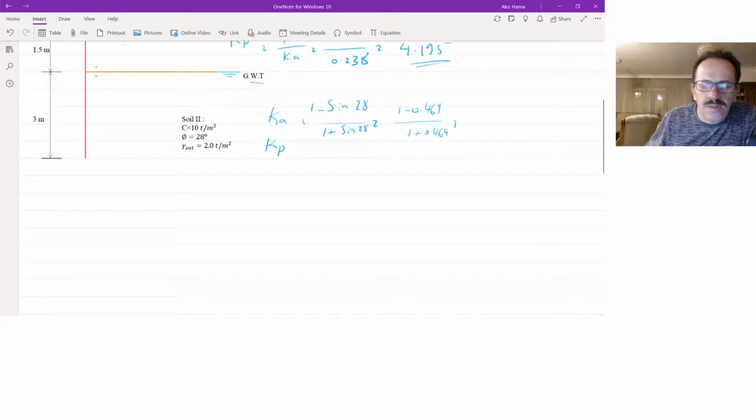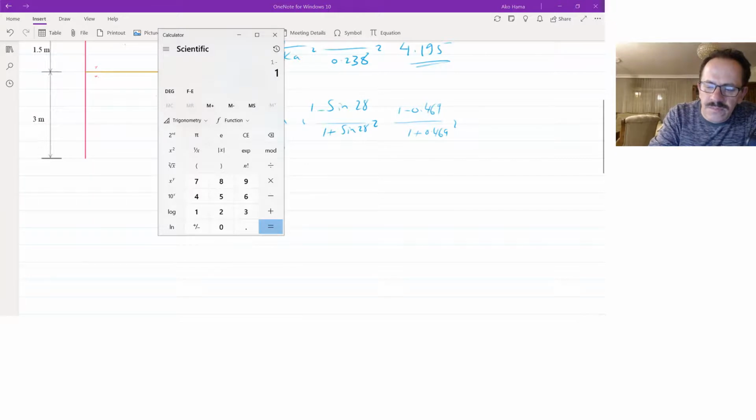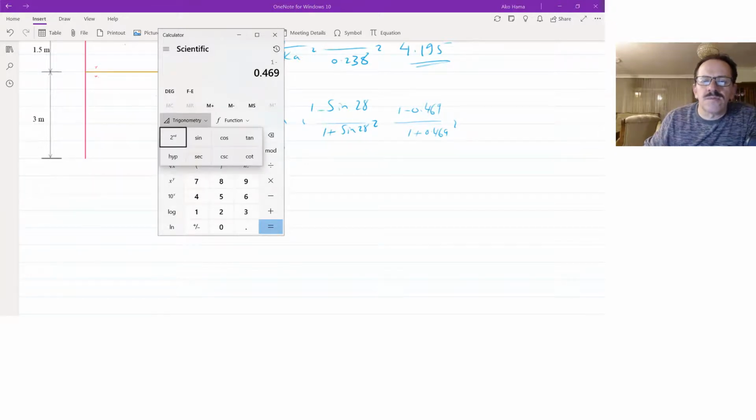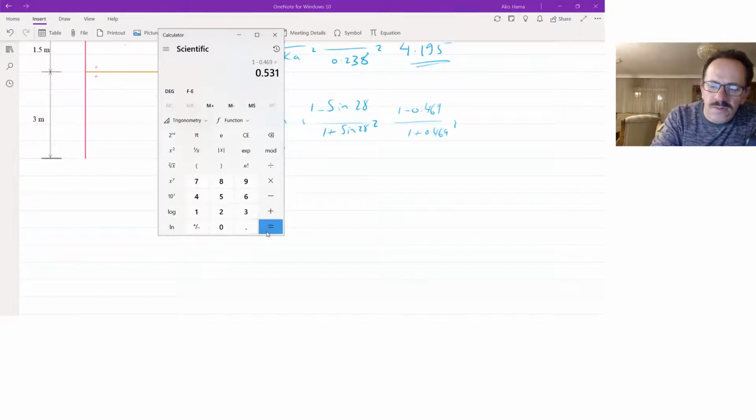So 1 minus 0.469 is 0.53, divided by 1.469. So here it's 0.361.